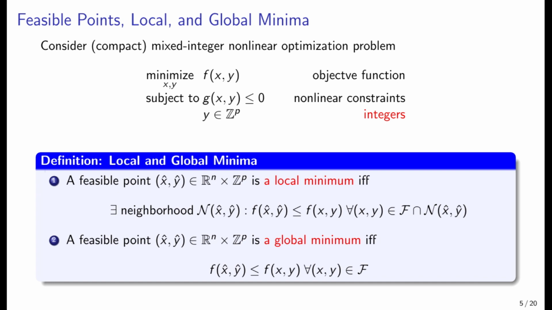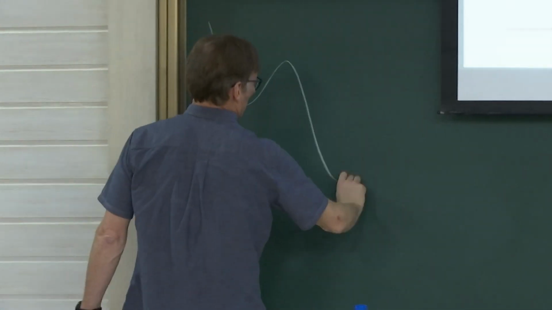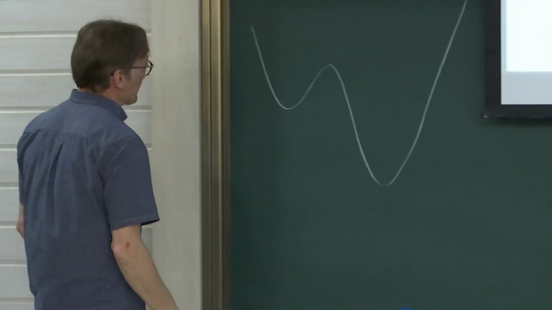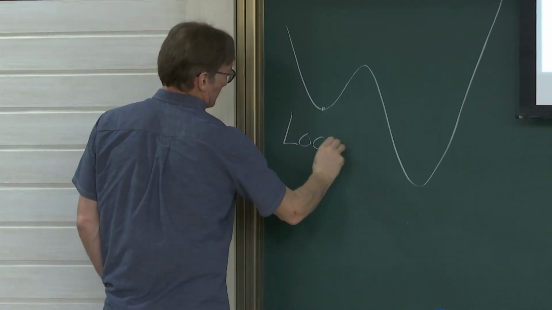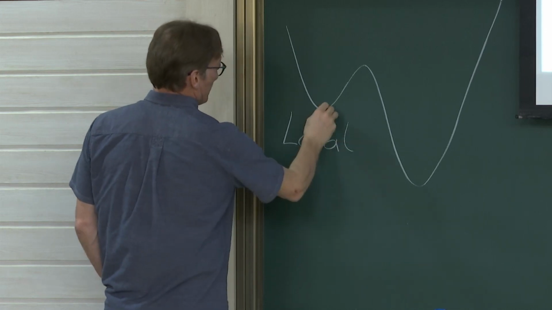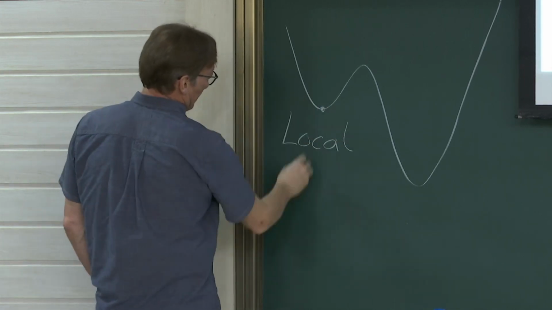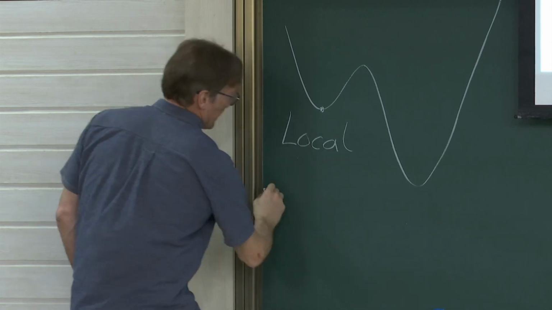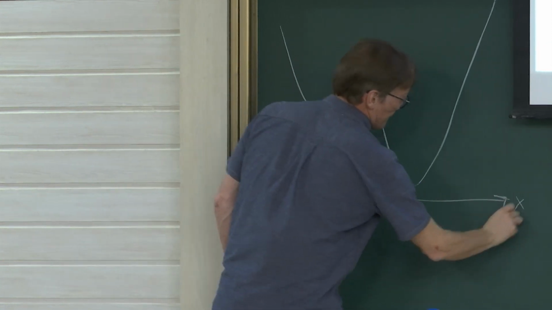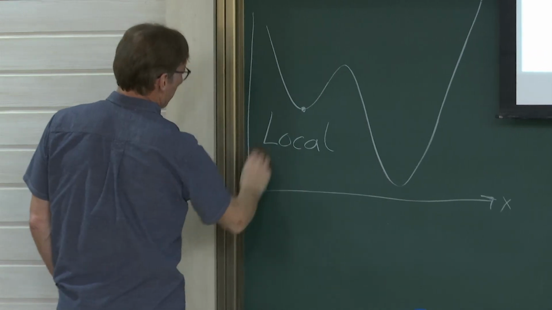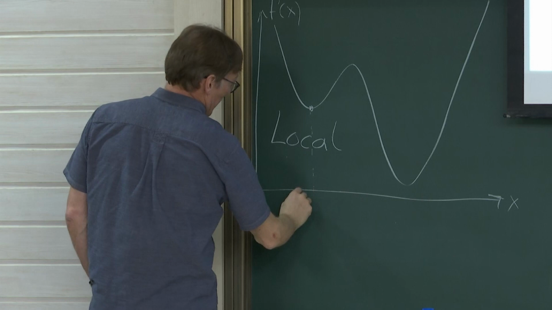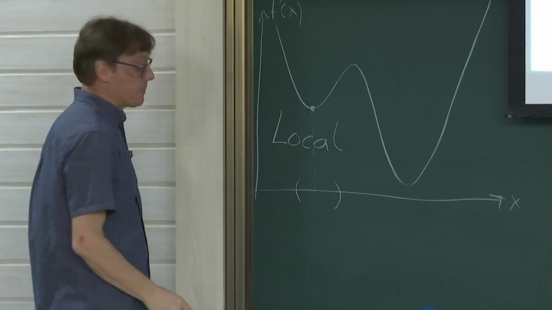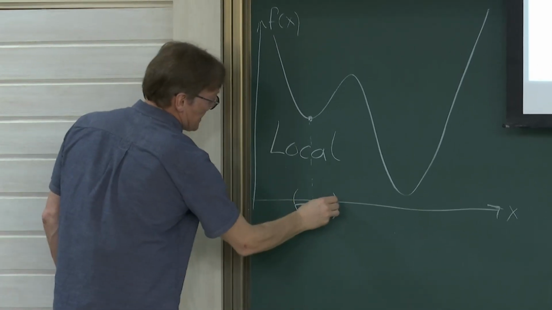The difference between local and global can be illustrated in this picture. This point here is a local minimum because I can find a neighborhood. On my x-axis here, I can find a neighborhood, an open set, for example, this set here.